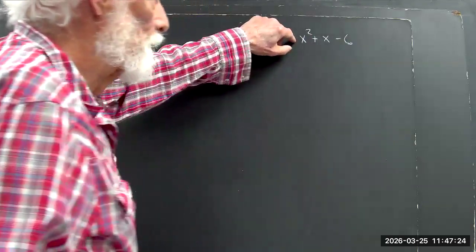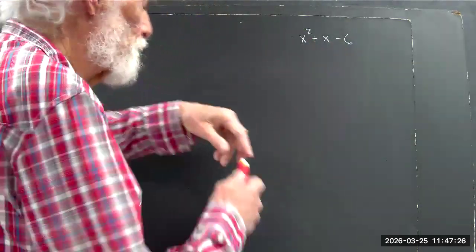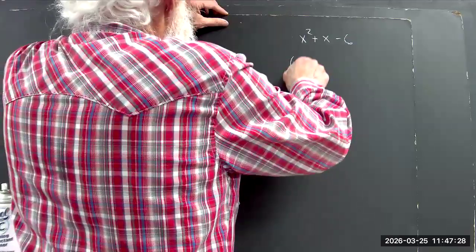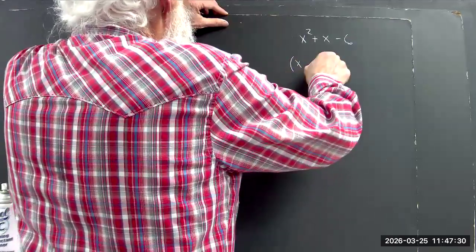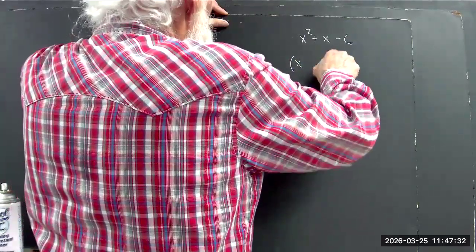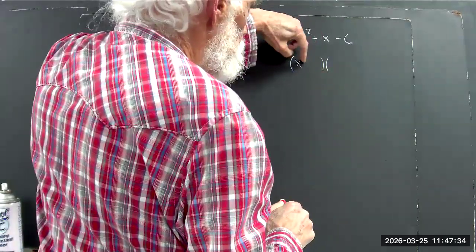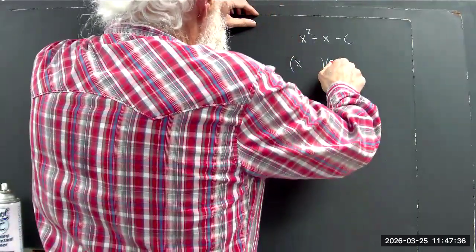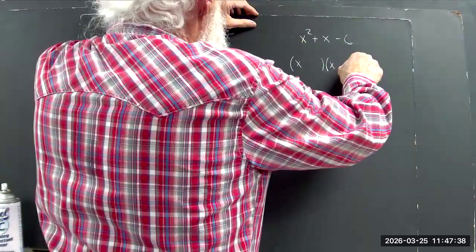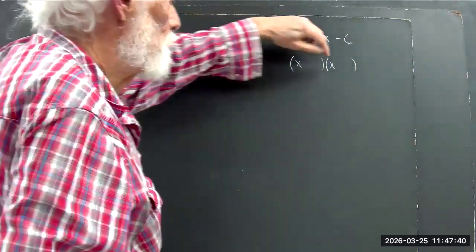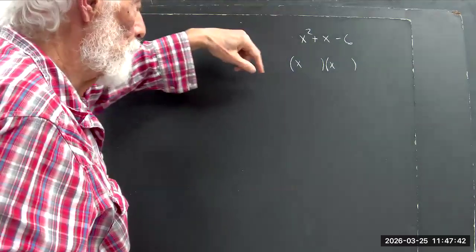Okay, now what are we going to do with x squared plus x minus 6? Well, we're going to write an x in a set of parentheses with room to put something else in it. Then we're going to write another x in parentheses with room for other stuff.